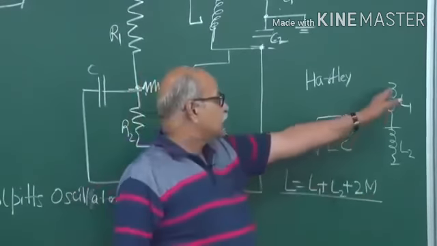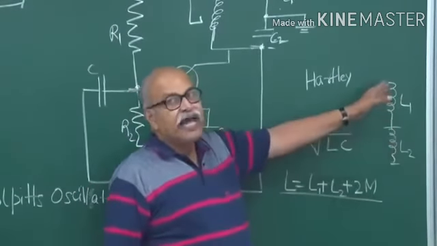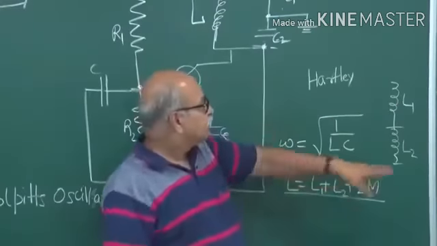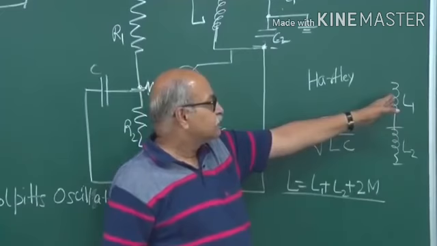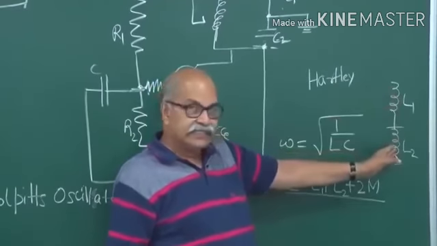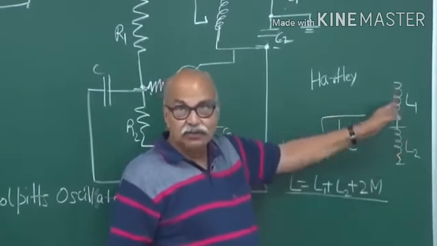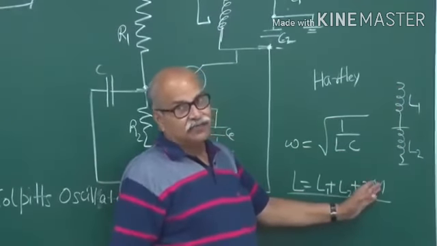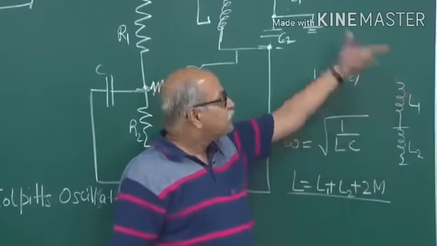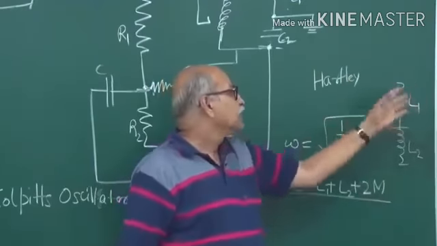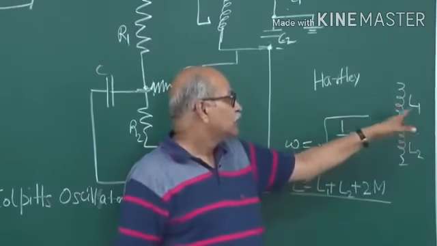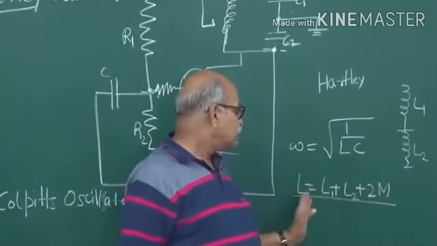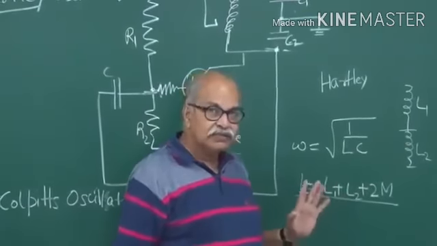If there is a coupling between these two, which will happen if they are made on the same core, so that any magnetic field created by the current easily reaches the other, then you will have a good mutual inductance, and this must be taken into account. And if they are on separate cores, so that the magnetic field diverges out of the core and not much reaches here, then the mutual inductance will be very small, and L equal to L1 plus L2 can be used.